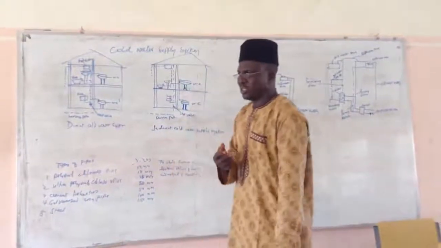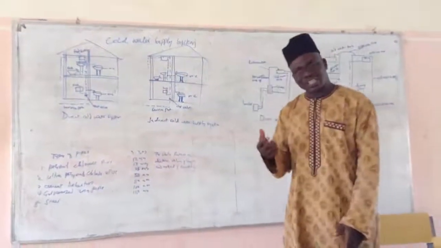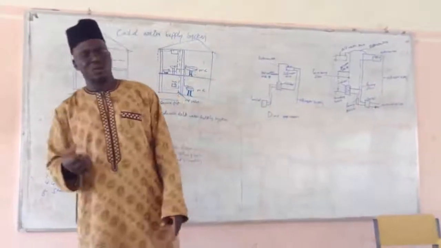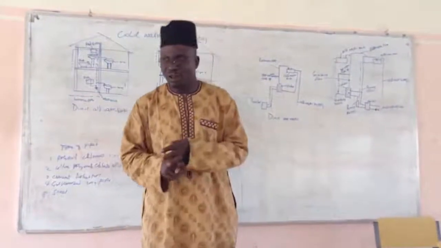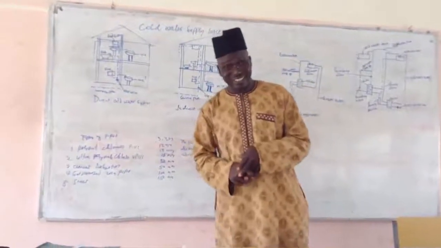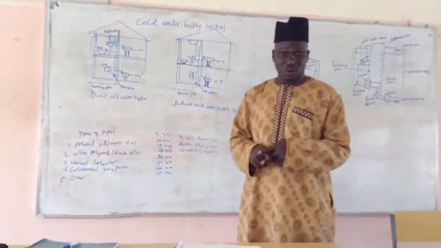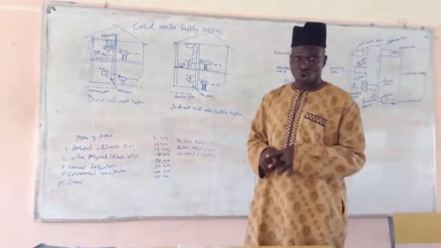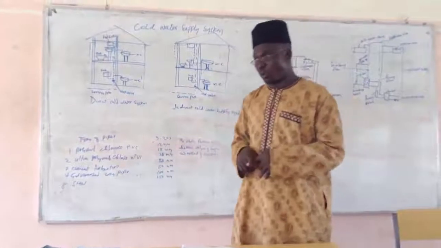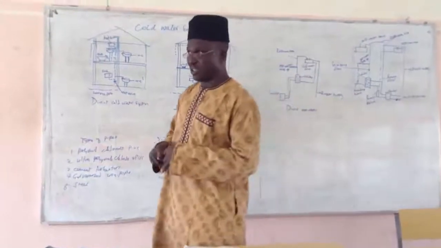I also said that in selecting the pipe, we should take into consideration, one, the pumping system of the water, two, the distance of connections, and three, the volume or content of water coming through the pipe. That will properly guide you in selecting your pipe.